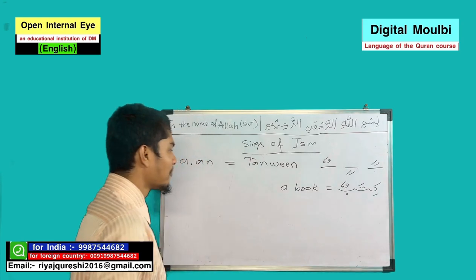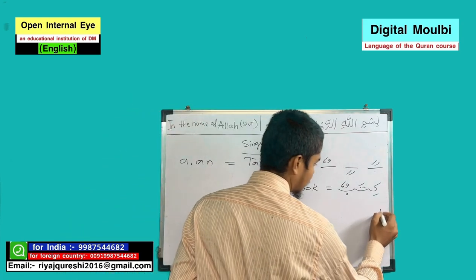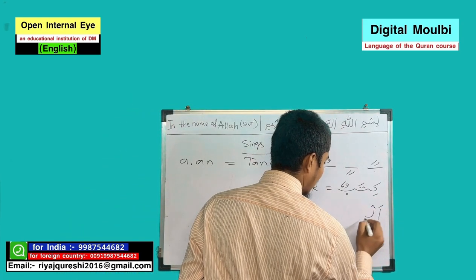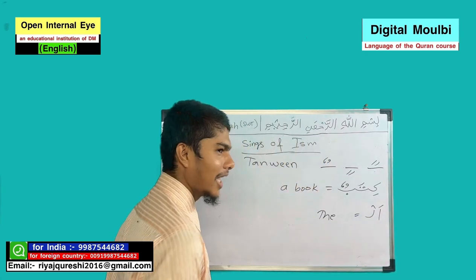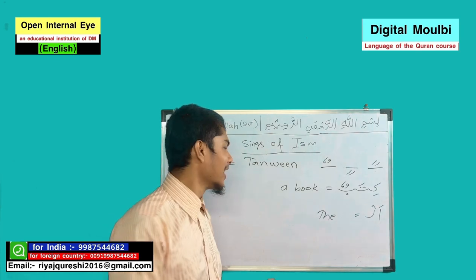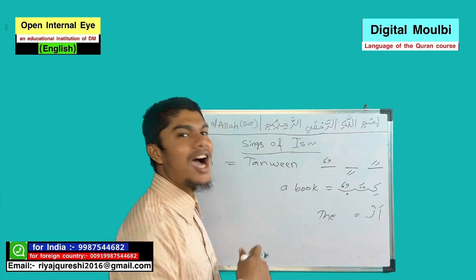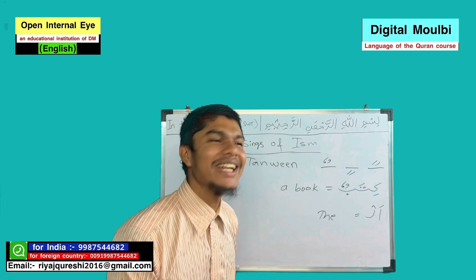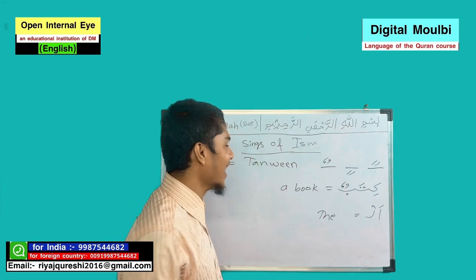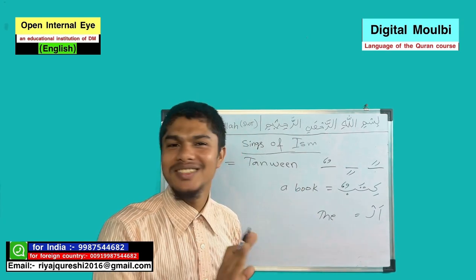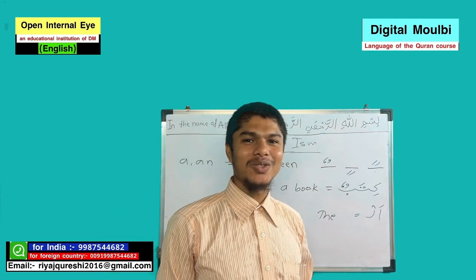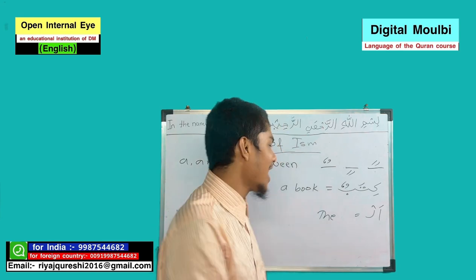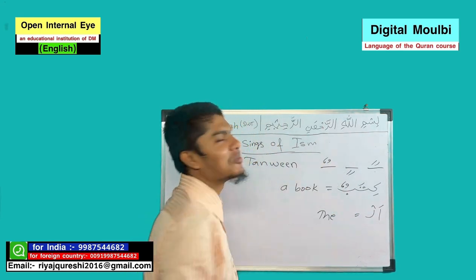Okay. So what is the meaning of al? I have already mentioned al means the. And in English, you never say the a book. In Arabic, you will not say that, al kitabun, because a book and the book never come together. In English and in the Arabic language, al and tanween never come together.